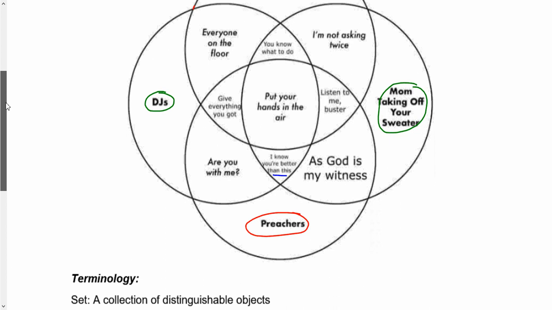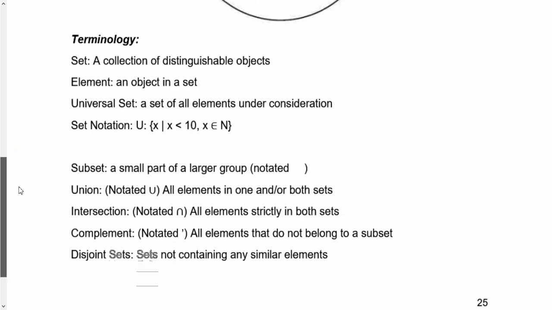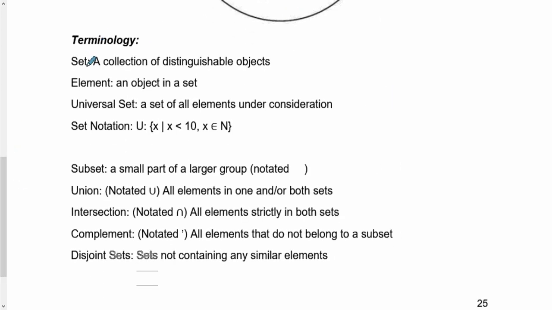So let's talk a little bit about terminology. First, what is a set? A set is just a collection of distinguishable objects, just a collection. An element is just an object that's in a set. And a universal set is the set of all elements that are under consideration. So we're going to talk about all of that in this set notation.